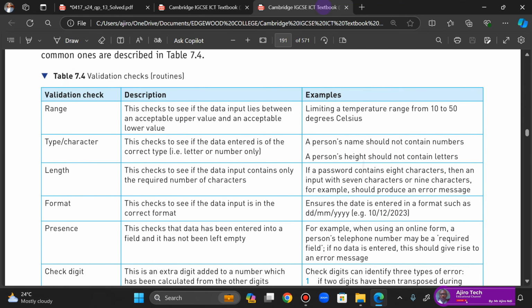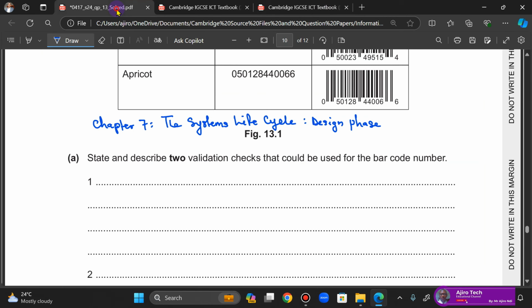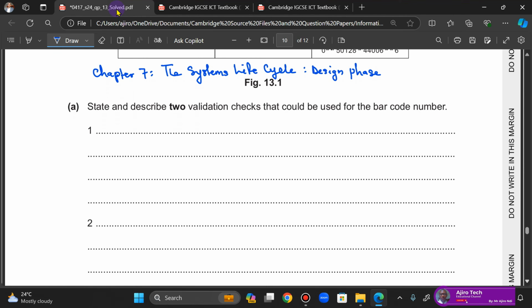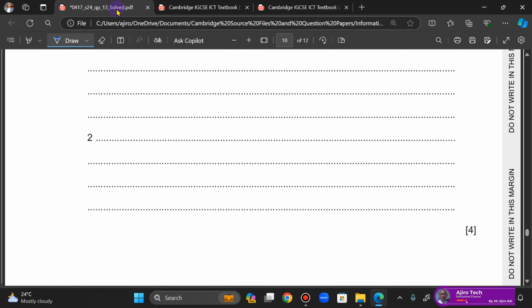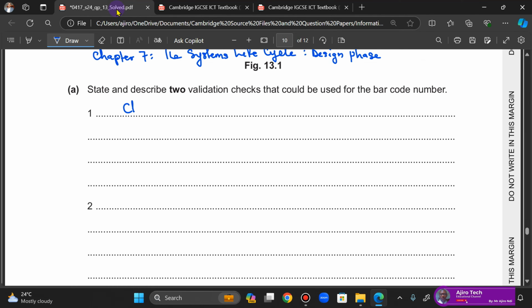Yes, validation routines. You can see an extra digit added to a number, which can be calculated. So we use an extra digit here for barcode. State and describe two validation checks for the barcode. How many marks is this? 4 marks.